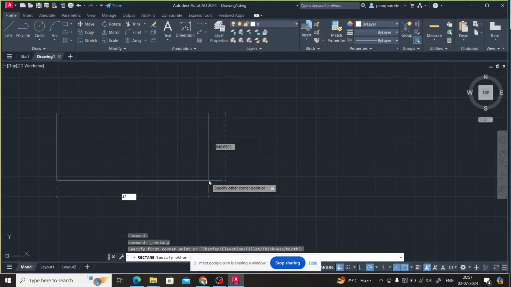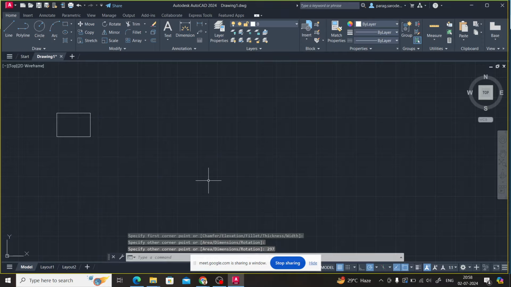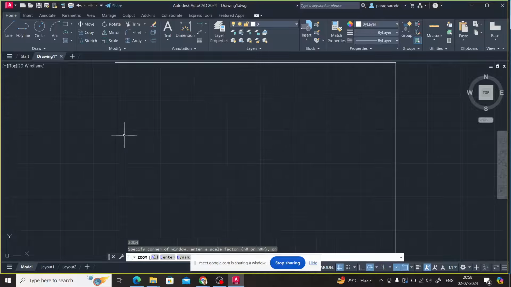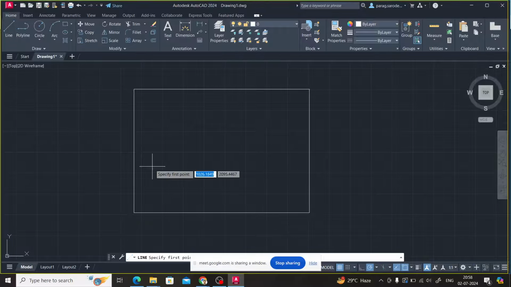The size of the template will always be 420 by 297. No need to check it, it will be the same. At the bottom side you will have a template.